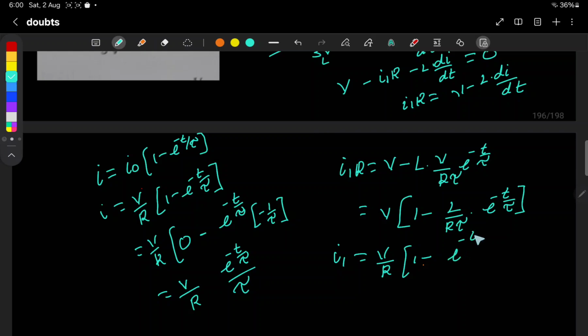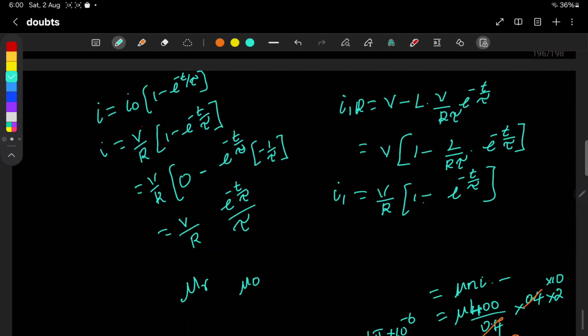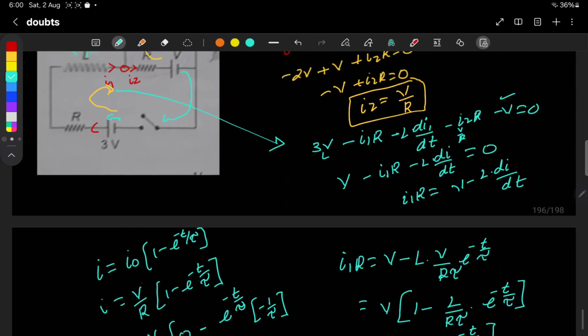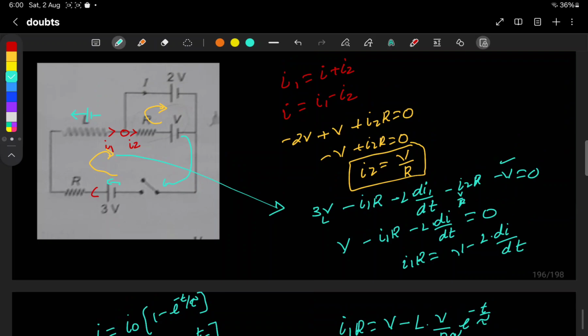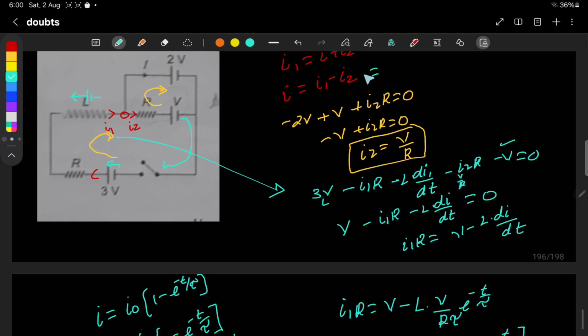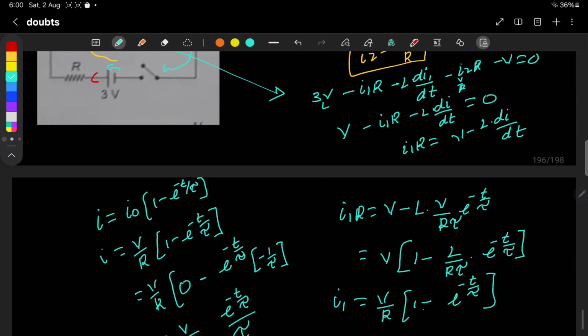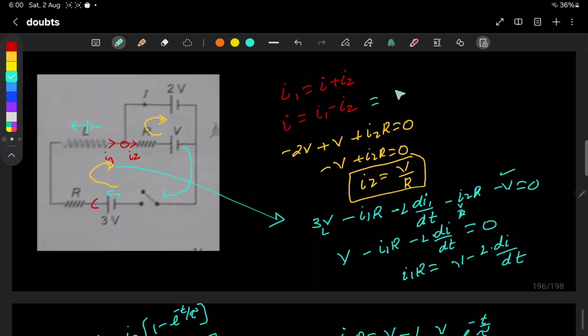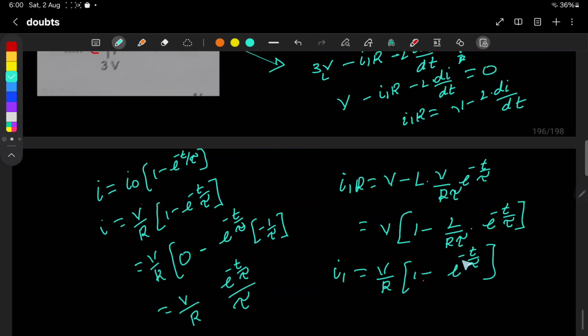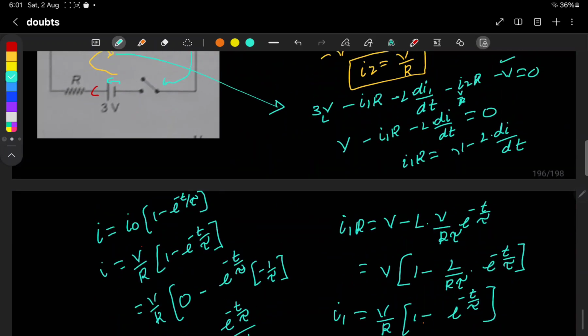So e to the power minus t by tau. Directly we can substitute this in this equation. I is equal to I1 minus I2. I1 we just got, it is simply V by R, 1 minus e to the power minus t by tau.